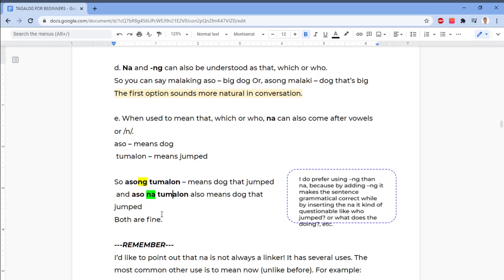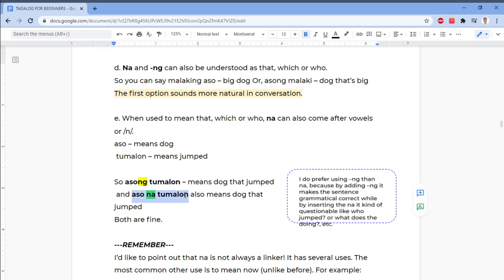The sentence changes to: the dog who jumped, or that dog whose jump is. Yang aso na yan, with the linker na, aso na yan ay tumalon. That's an example.